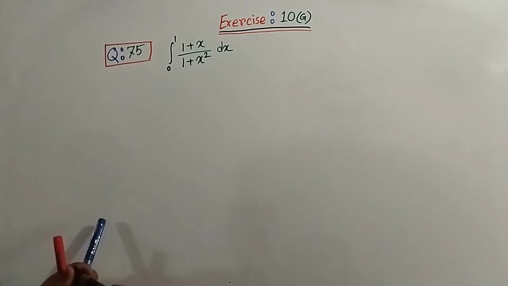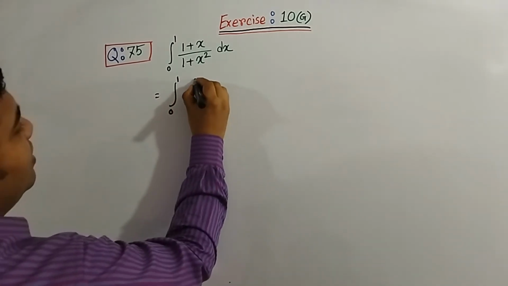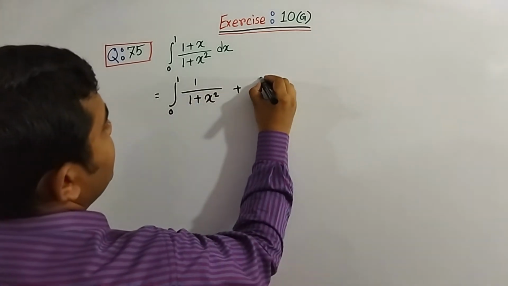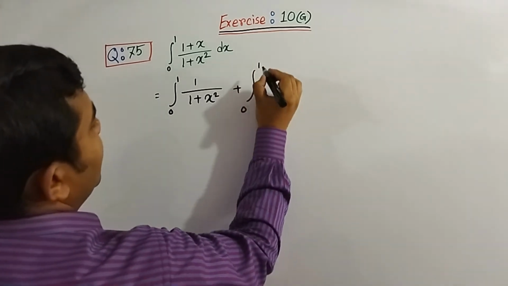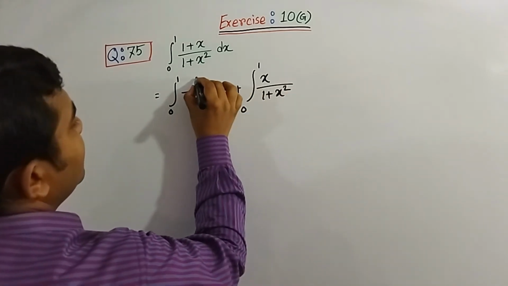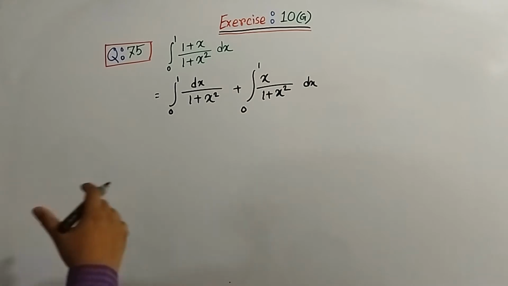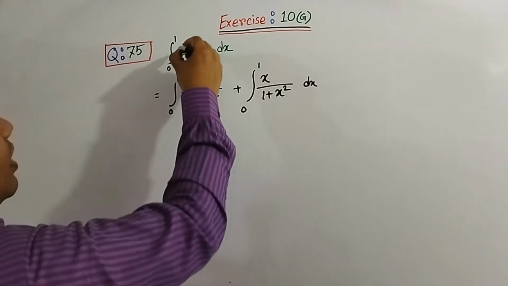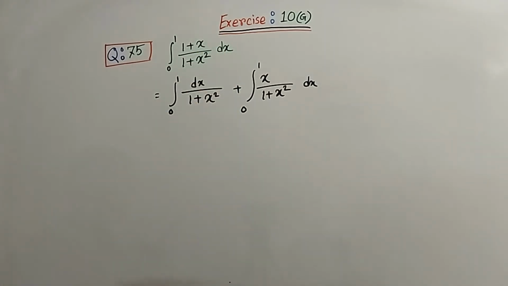Exactly, this can be solved by the integral from 0 to 1 of 1 over 1 plus x square plus the integral from 0 to 1 of x over 1 plus x square dx. We can separate this part this way, because here was 1 over 1 plus x square and x over 1 plus x square.